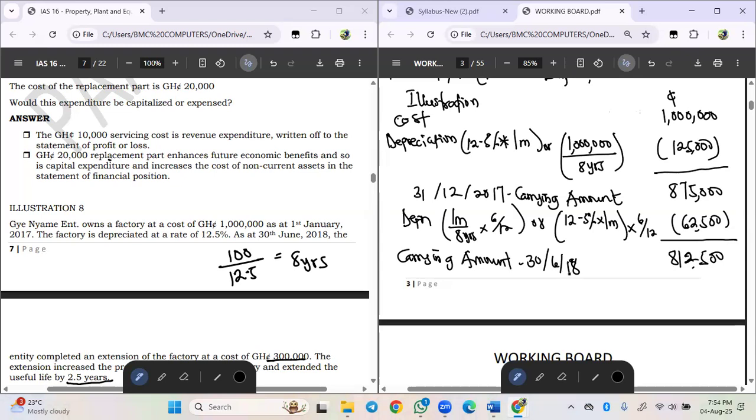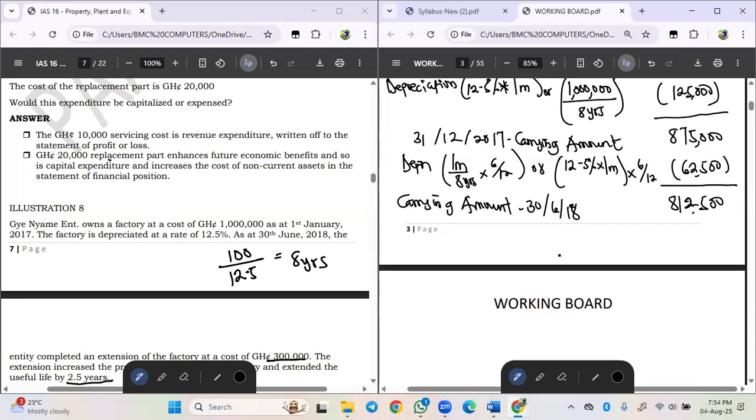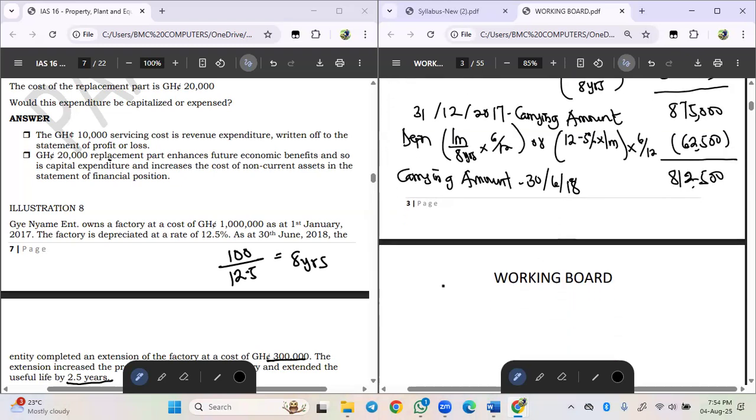Now, this was the date that the extension happened, 30th June. So we can simply add the subsequent expenditure, $300,000.